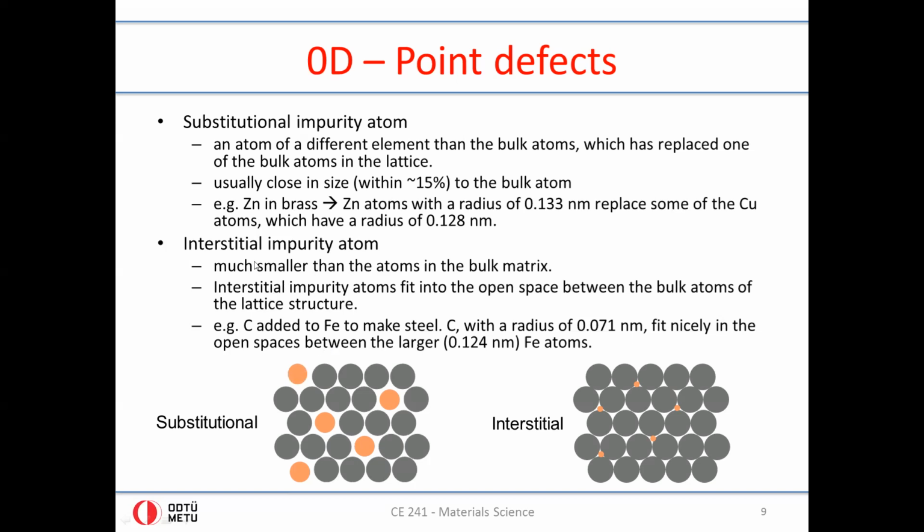When you have a very big difference in the atomic sizes, so you have much smaller atoms than in the bulk matrix for the impurity, like in this case, you have interstitial impurities. You can have interstitial impurities because this orange atom can fit in this small space, whereas the orange atom in this case can't fit in this space, so it has to cause some other change.